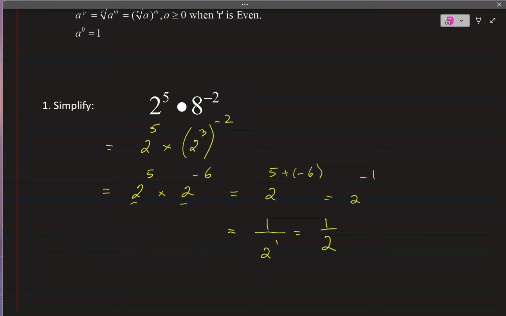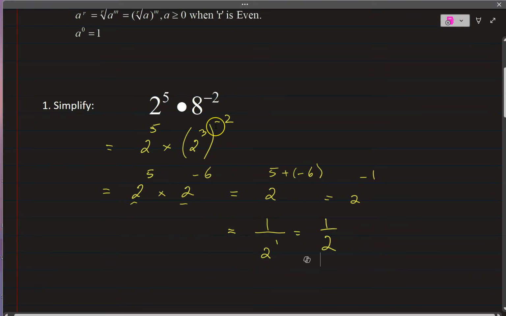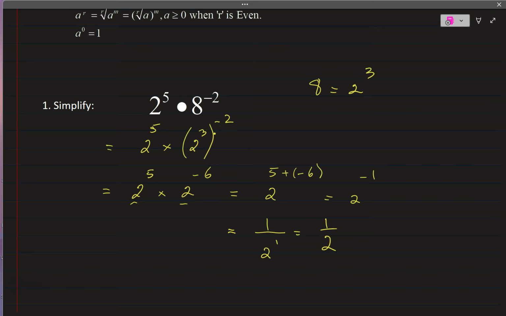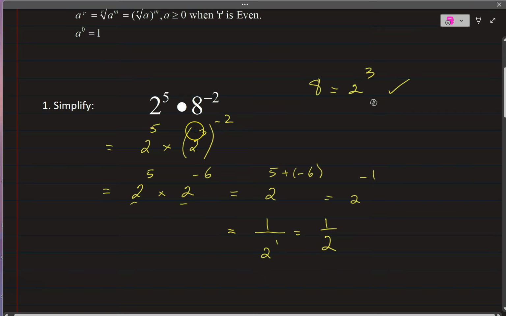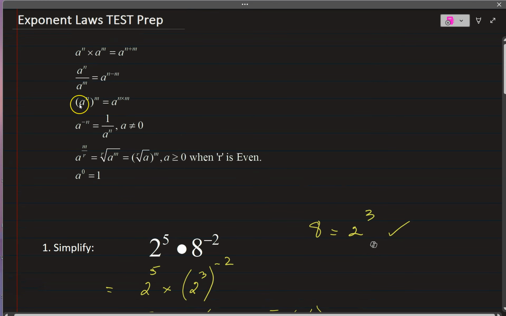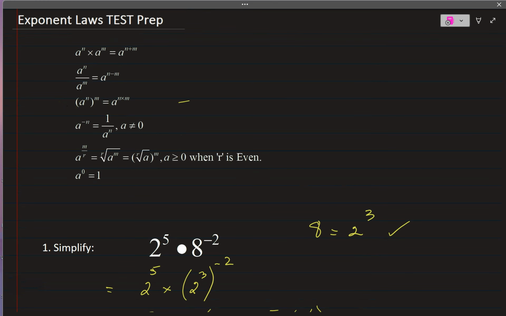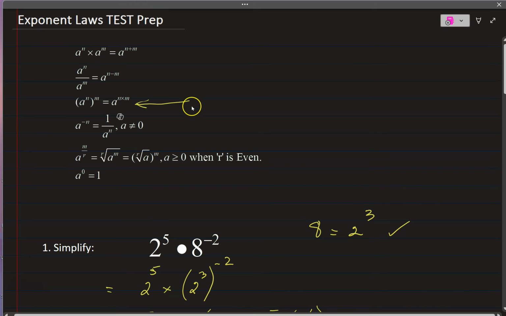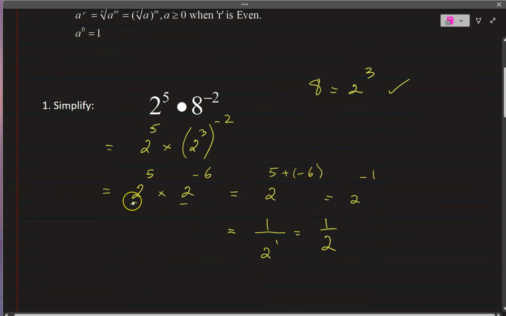I have used four things. First, I changed 8 to 2 to the 3rd, putting it in exponent form. The second rule I used was the power of a power rule. Then I used the addition law of the exponents: multiplication of the terms is addition of the exponents.